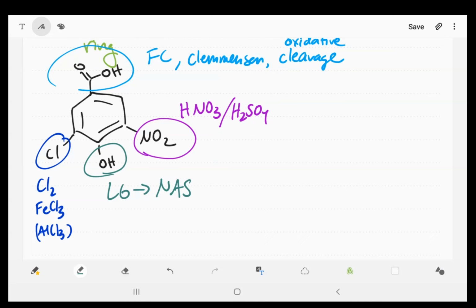NO2 is the worst one, actually. That is a strongest deactivator. However, we're going to need that NO2 to get that OH on there, for sure. That's the strongest for nucleophilic substitution. But generally, since we're starting with benzene, we have to do some electrophilic aromatic substitution first. So, no luck with NAS right off the bat.